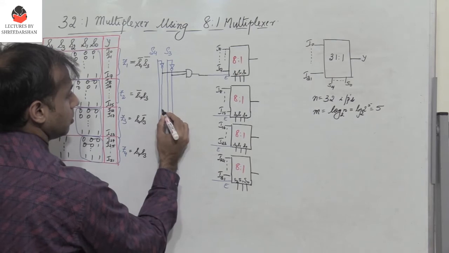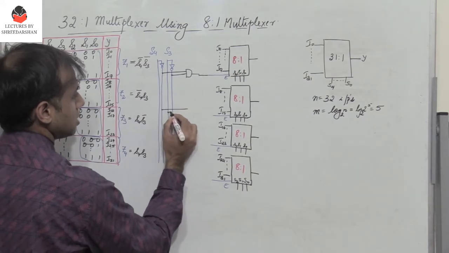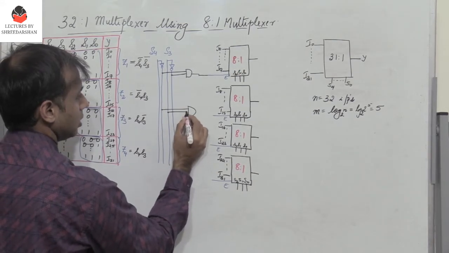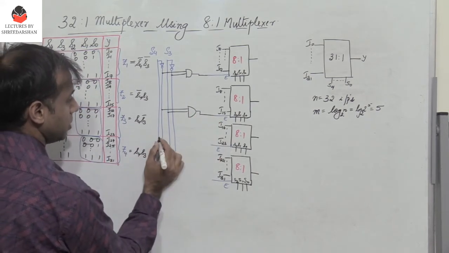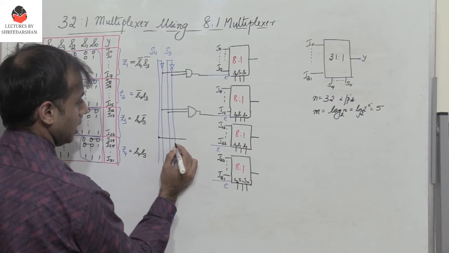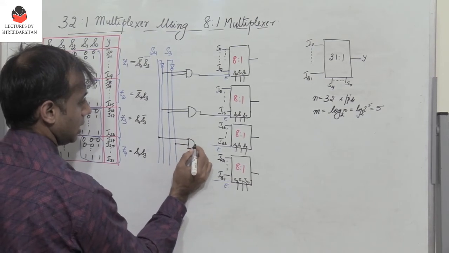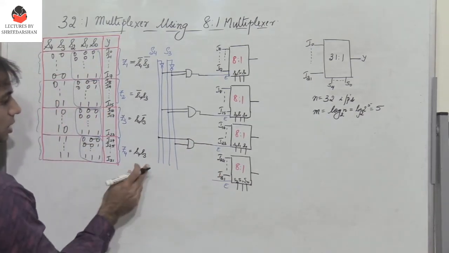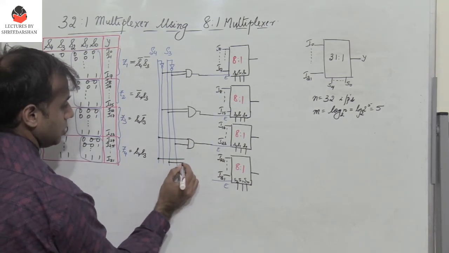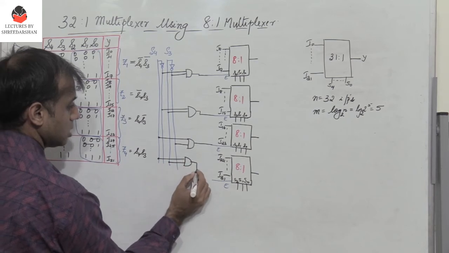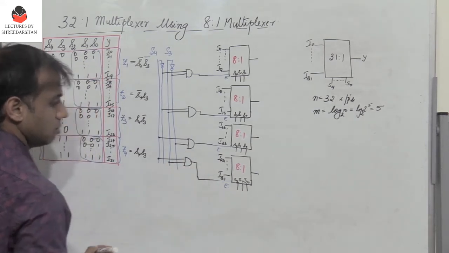So I have S4 bar and S3 given to an AND gate, and that is connected to the enable here. And then S4, S3 bar, AND gate given to the enable. And then here S4 and S3 given to an AND gate, and it's enabled here.